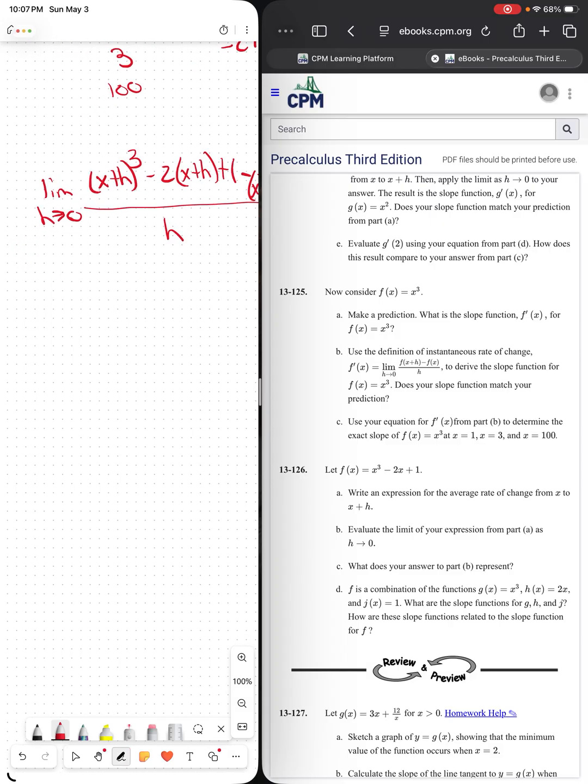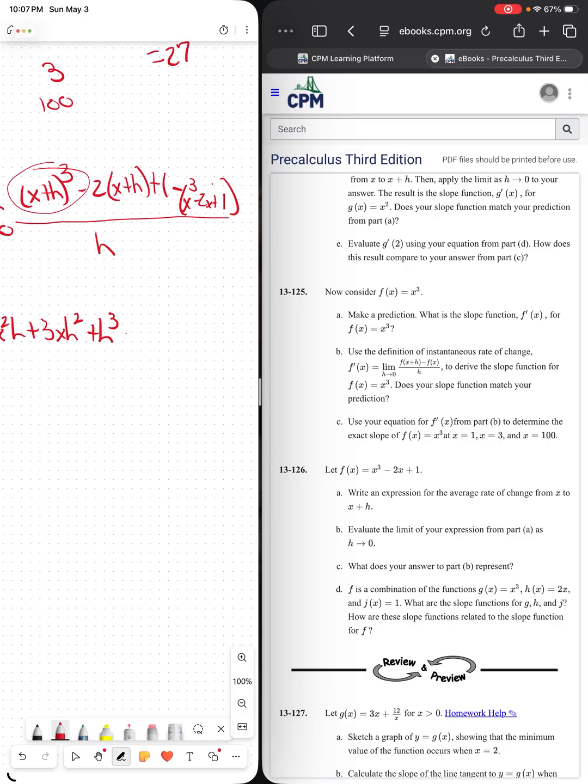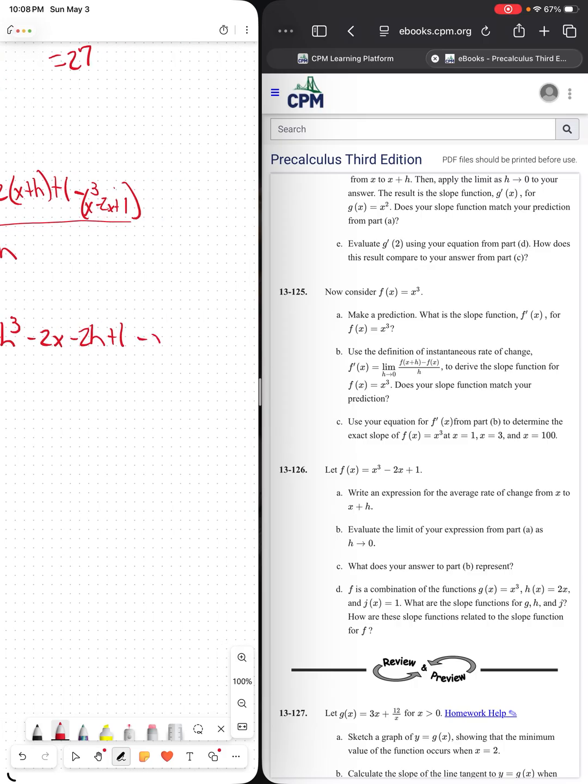We just did the cube, so I'm not going to multiply that out again: x cubed plus 3x squared h plus 3xh squared plus h cubed minus 2x minus 2h plus 1 minus x cubed plus 2x minus 1.